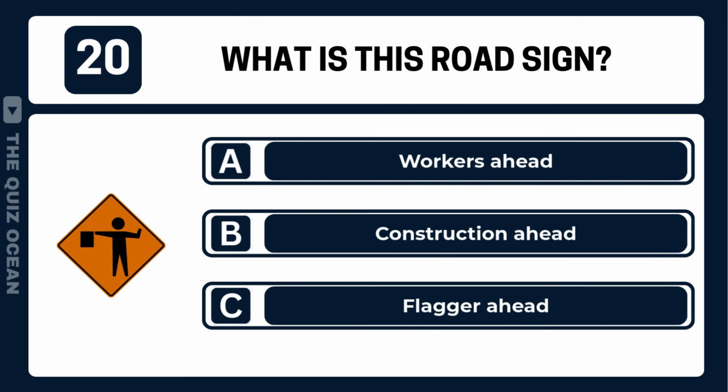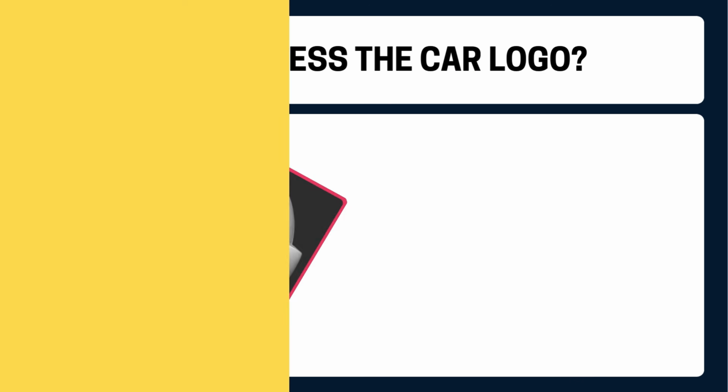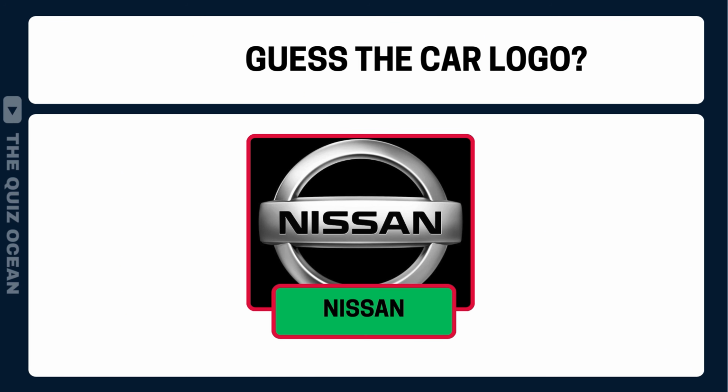Question 20. What is this road sign? The answer is C. Flagger ahead. Guess the car logo. This logo belongs to the Nissan car brand.